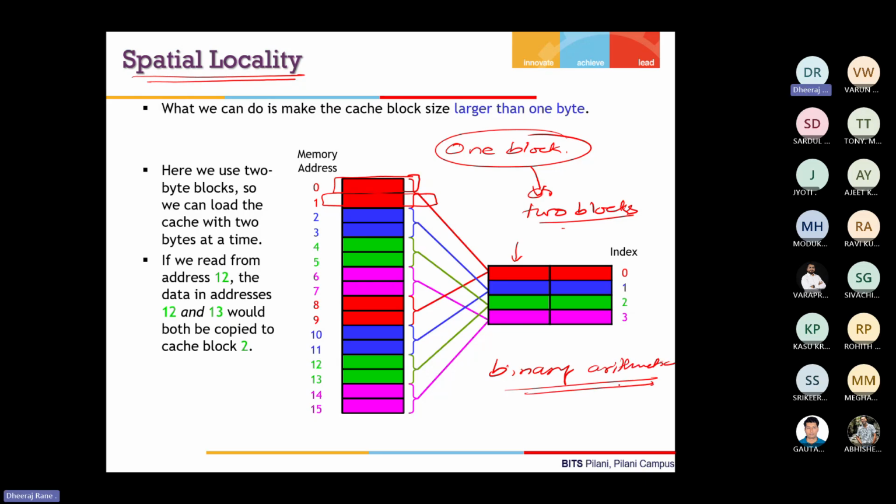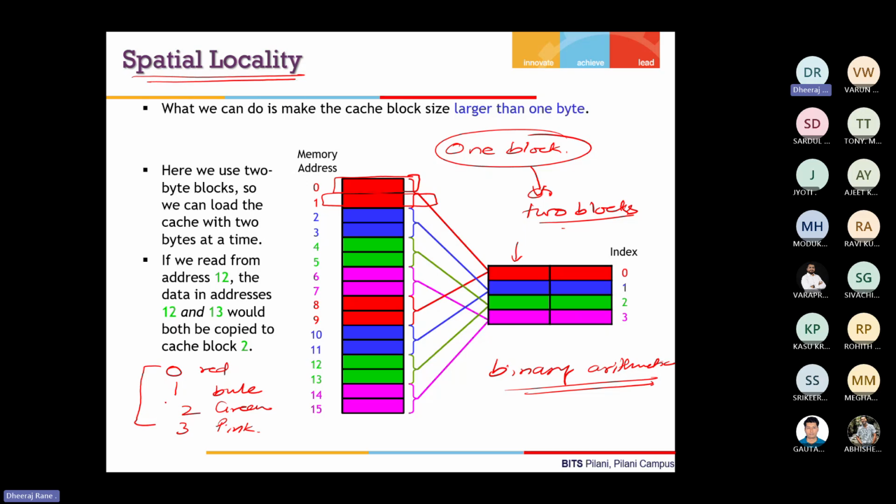Okay, so I think you are able to correlate the logic. Earlier we had 0 as red, 1 as blue, 2 as green, and 3 as whatever this color is, I don't recognize it correctly, so let it be pink, because we were picking only one block at a time.